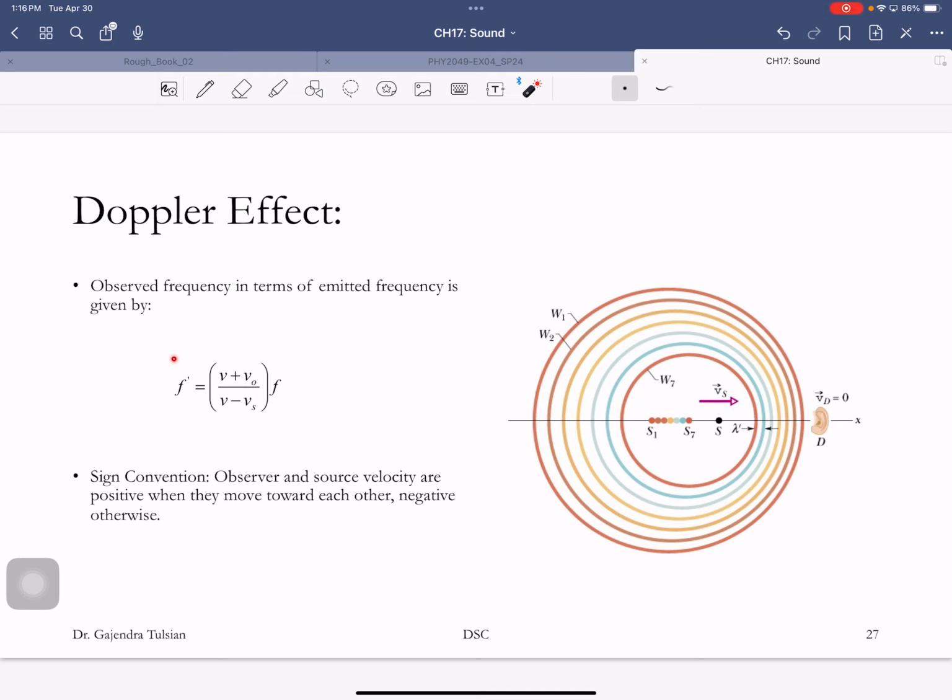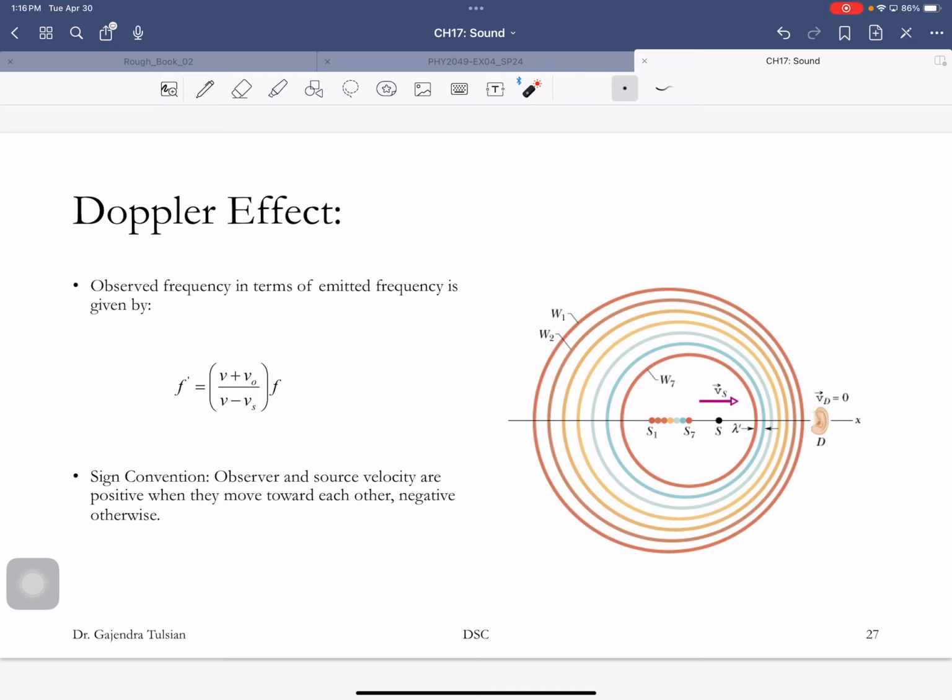All right, so we'll do one case. Let's say the source and observer are moving toward each other. And then both are positive. This number will be greater than V. This number will be less than V. That fraction will be greater than 1. And the frequency heard will be higher than the emitted frequency.